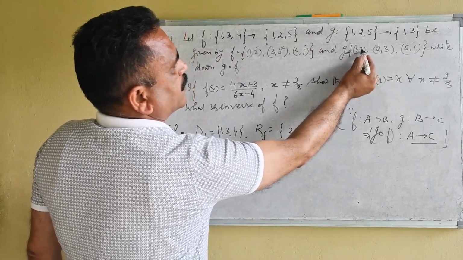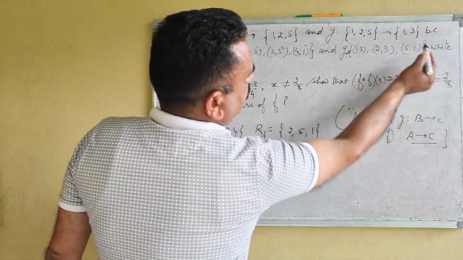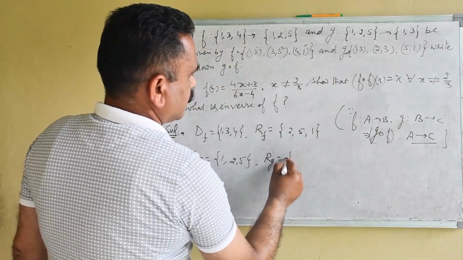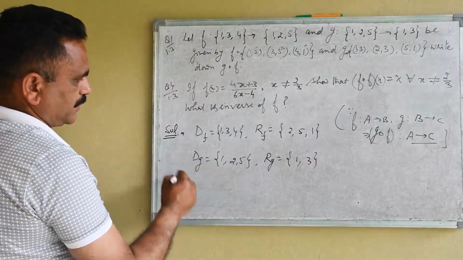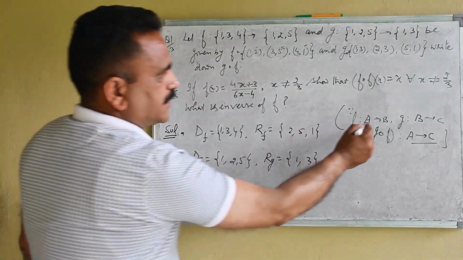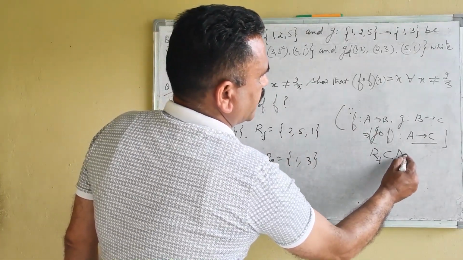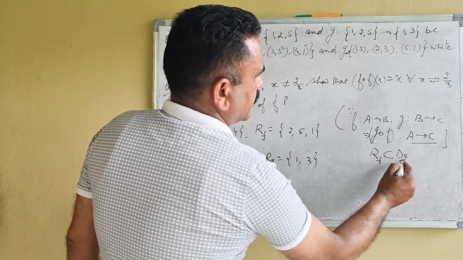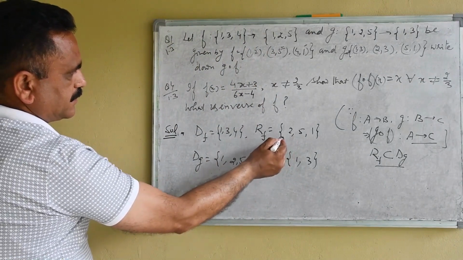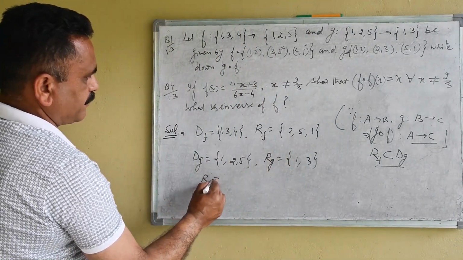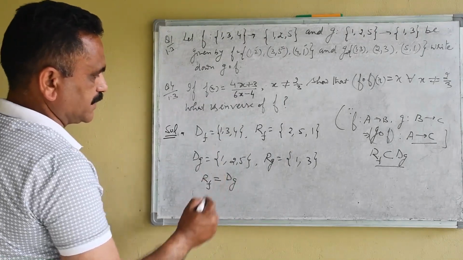The set of all second elements of the ordered pairs, that is 1 and 3. Now see, what is the condition for this? R of f must be a subset of the domain of g. This is the condition. So see here, R of f is equal to D of g, or a subset of D of g.